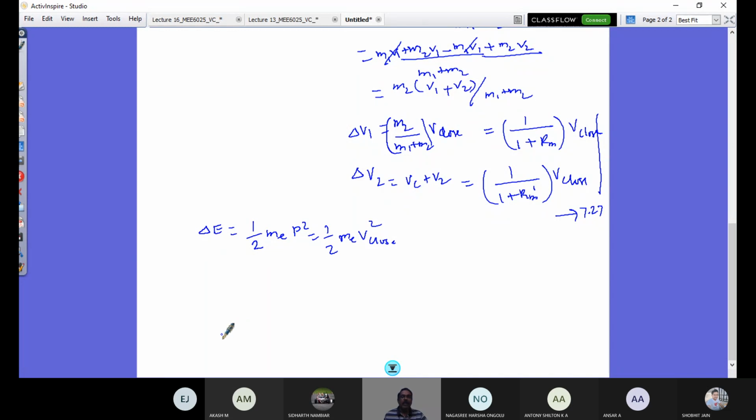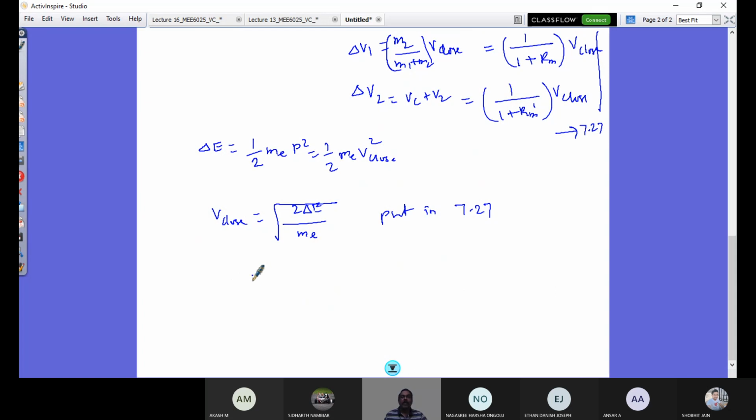So I can get now V close as under square root of 2 into delta E by ME. So now take this V close and put it in equation 7.27, and I would be able to have my equation now.